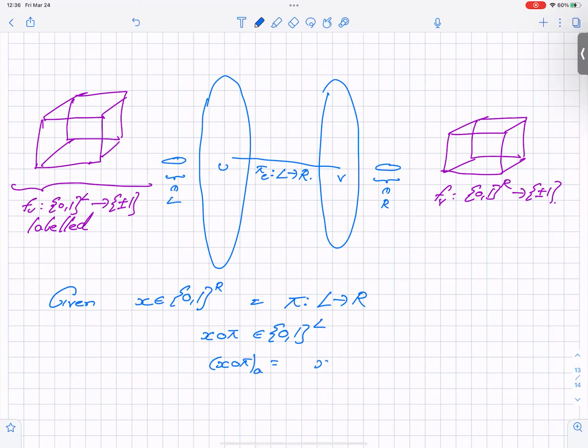It's just x of pi(a). The function composition: I have a function here, and pi, and I'm pulling it back to a function over here.